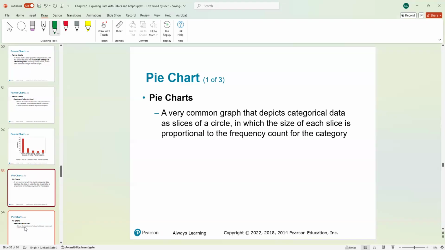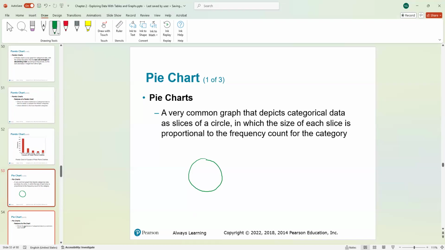A pie chart in itself is a circle, like if you construct a circle like this. It is divided into sectors that represent categories, and the area of each sector is proportional to the frequency of each category.